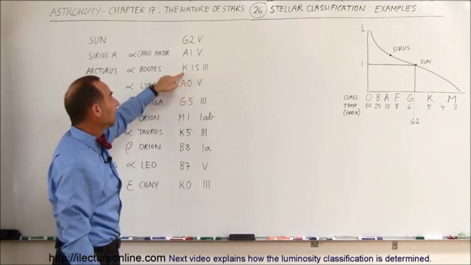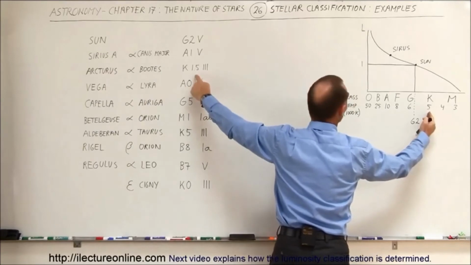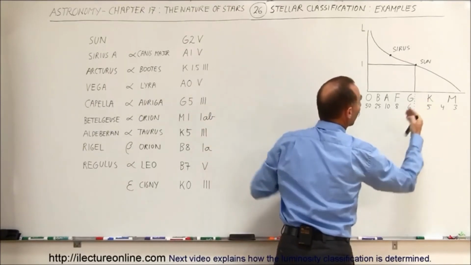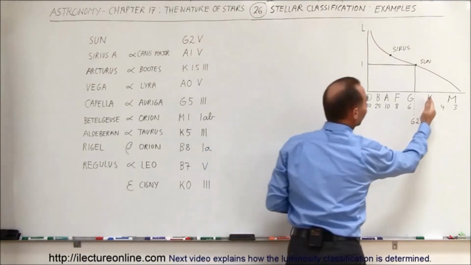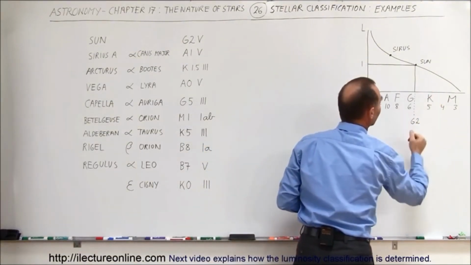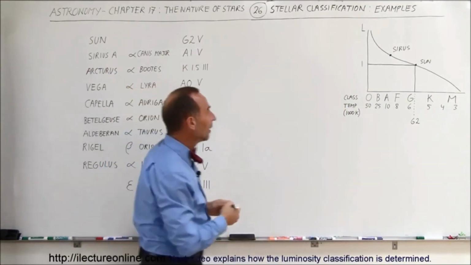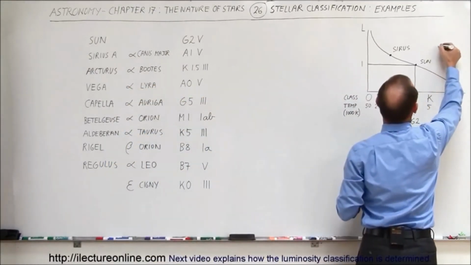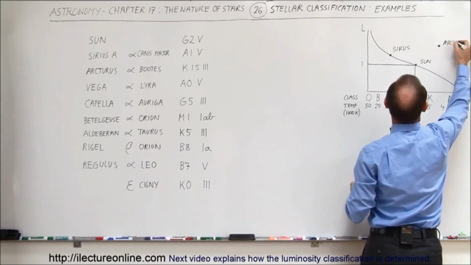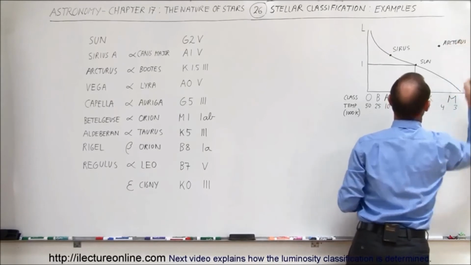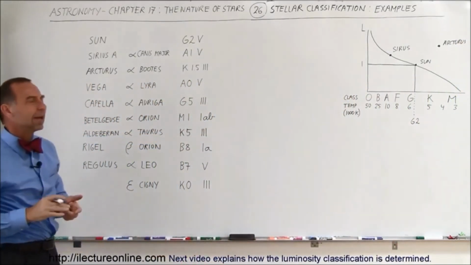K means that it's an orangey-looking red giant, and 1.5, so it's one of the hotter K class stars. 1.5 is just slightly to the right from K0, so its surface temperature is probably maybe around 4,800 degrees. That puts it in as a red giant, so it would be about right here. So that would be Arcturus, ending up over there on the HR diagram.